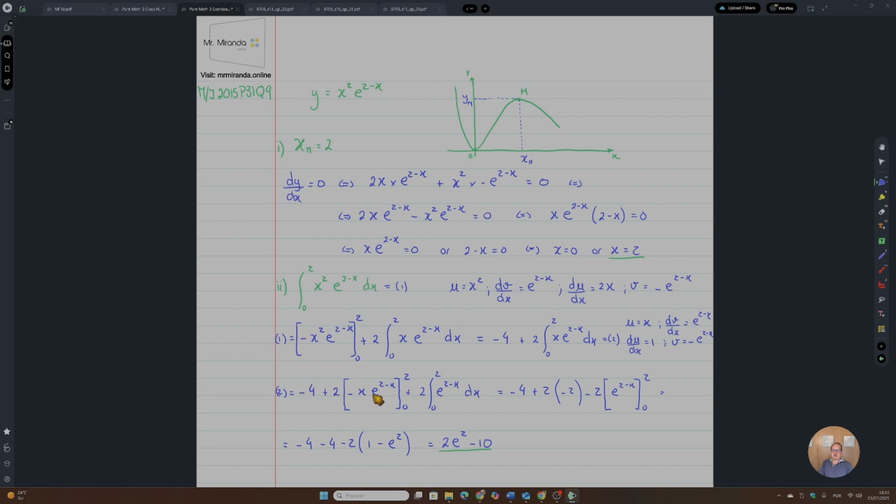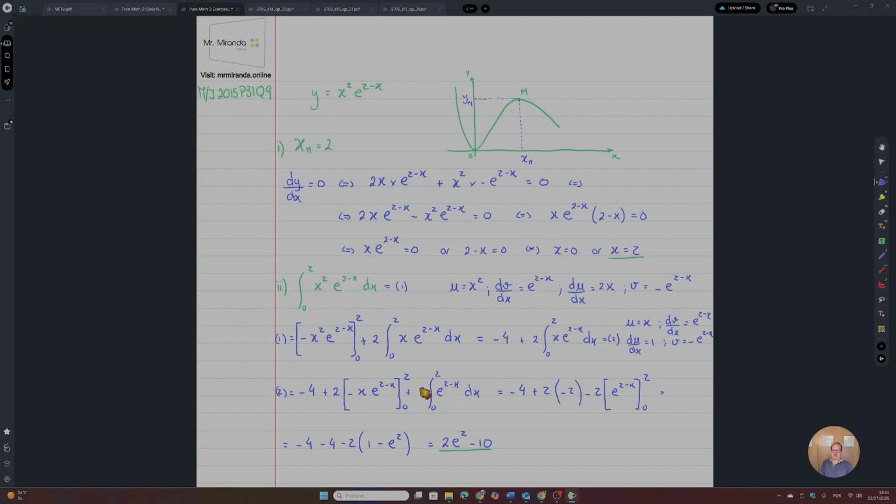So this is 2 times v, your new v, your new u, all right? Your u and your v between 0 and 2, minus the integral between 0 and 2 of v times du/dx times dx. That's what it is.